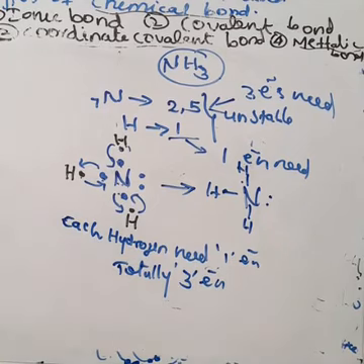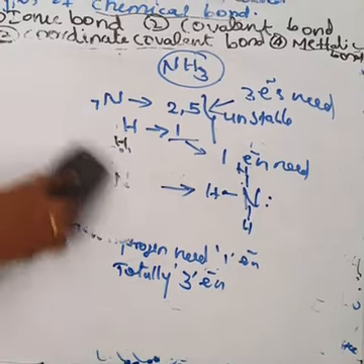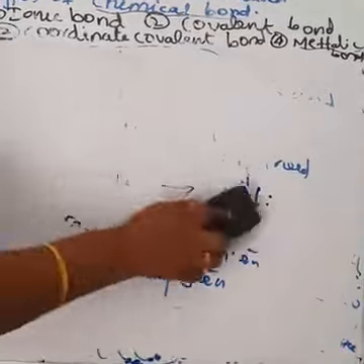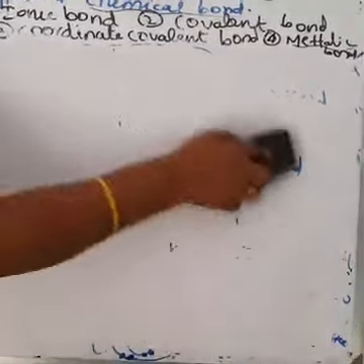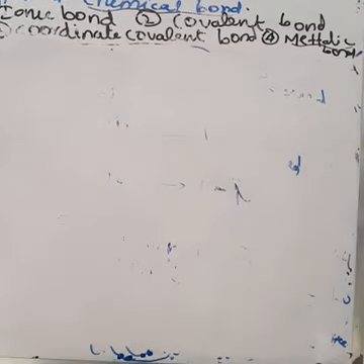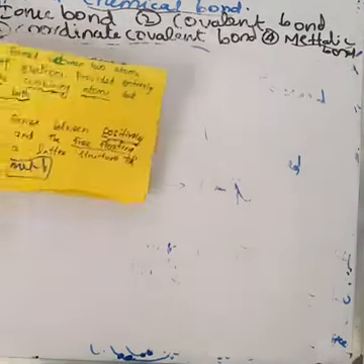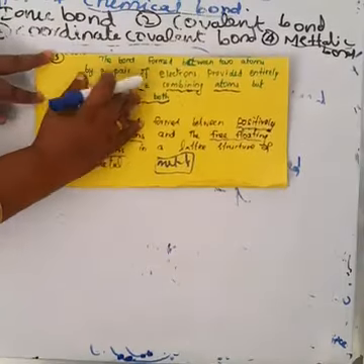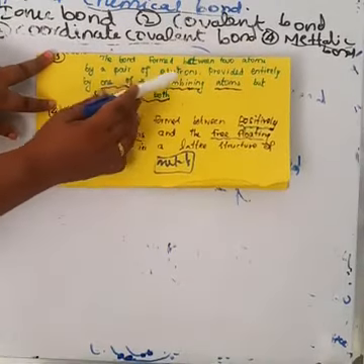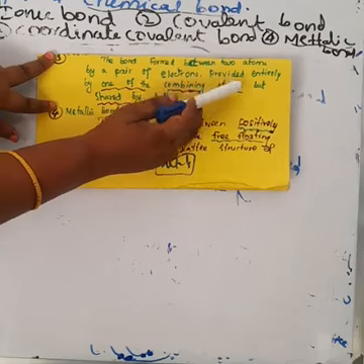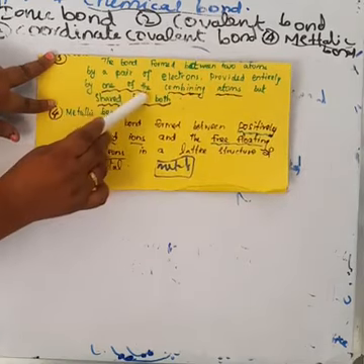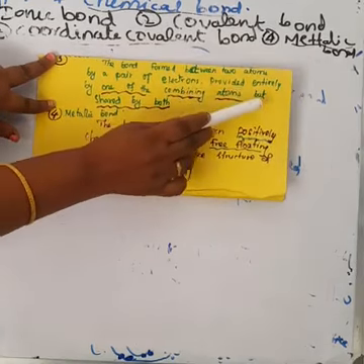Understood? And then, what do you mean by coordinate covalent bond? Coordinate covalent bond means the bond formed between 2 atoms by a pair of electrons provided entirely by one of the combining atoms but shared by both.